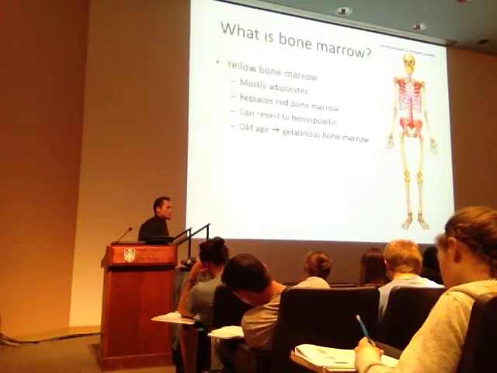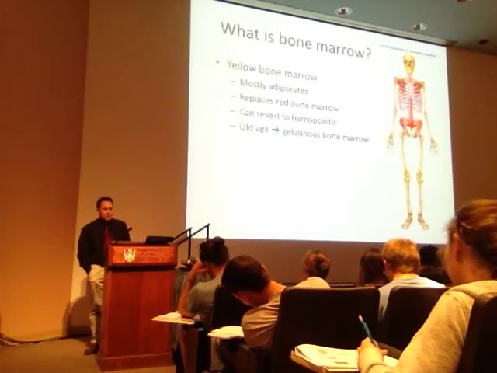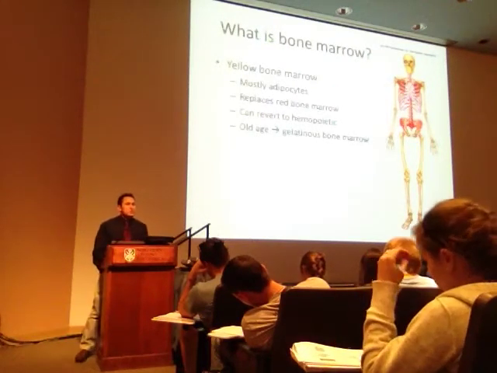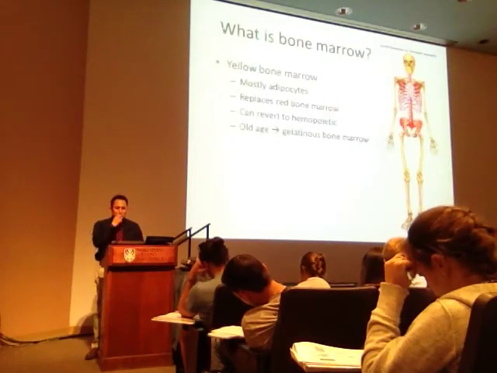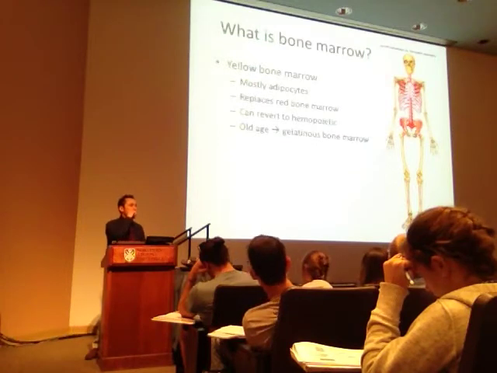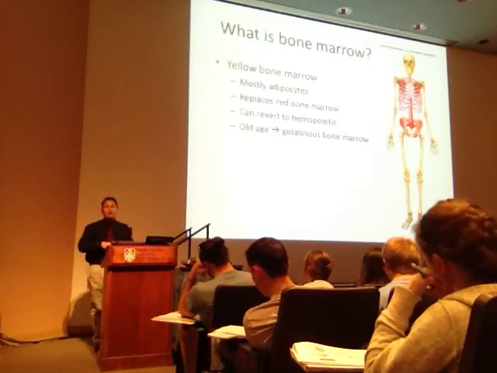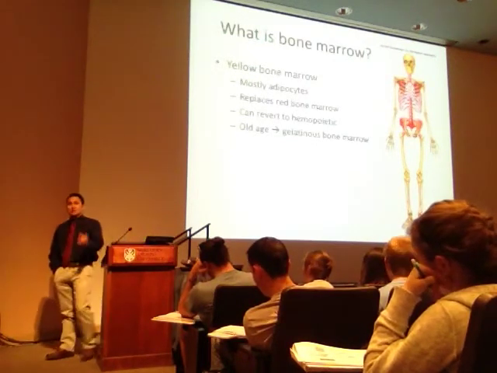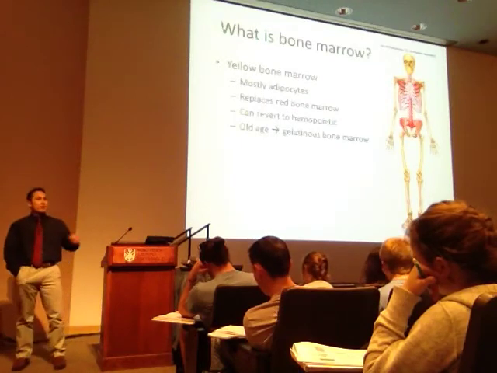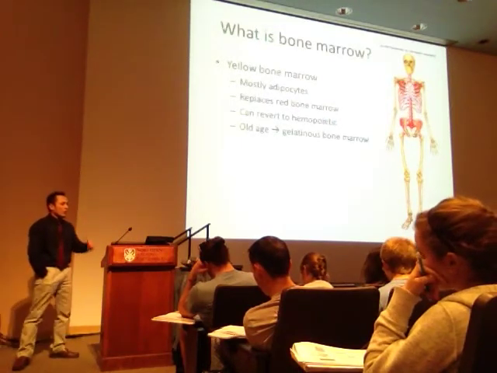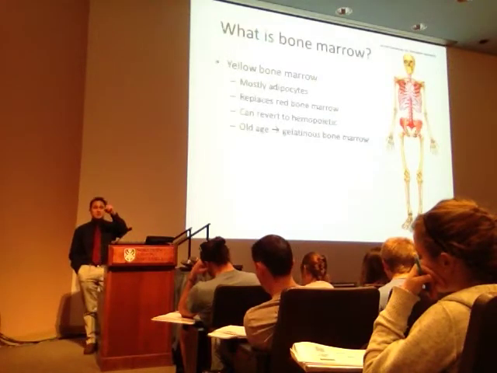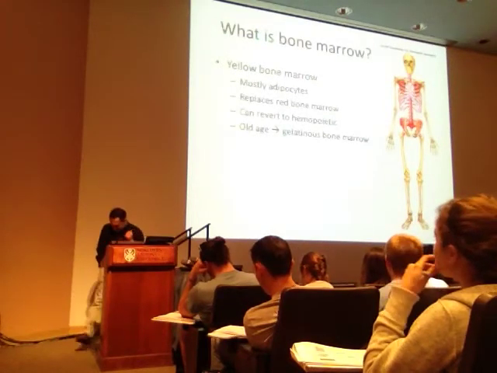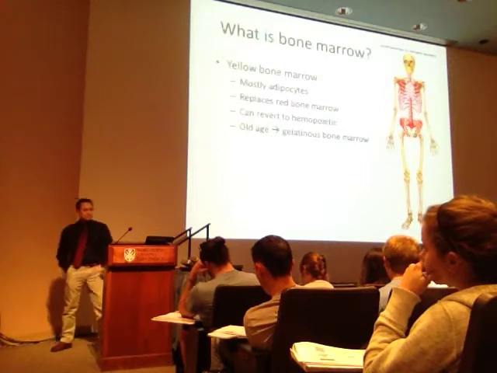Now yellow bone marrow, in contrast, is mostly made up of fat cells or adipocytes. It's what replaces the red bone marrow. So in a lot of our medullary cavities in our long bones, where we had red bone marrow, we have what we call yellow bone marrow. It can convert back to being hematopoietic if it's needed.